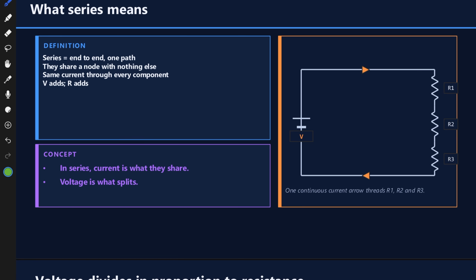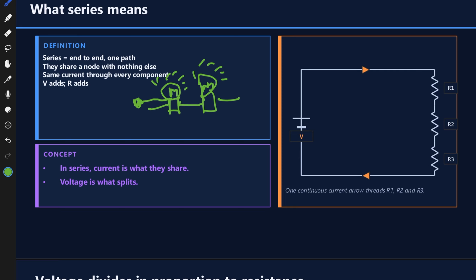So you can imagine light bulbs. Christmas light bulbs, imagine that. All of them are in the same line, okay? So when you switch on the light, it goes through all of them and it lights them all up at the same time.